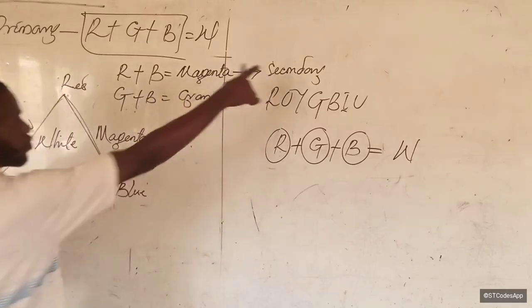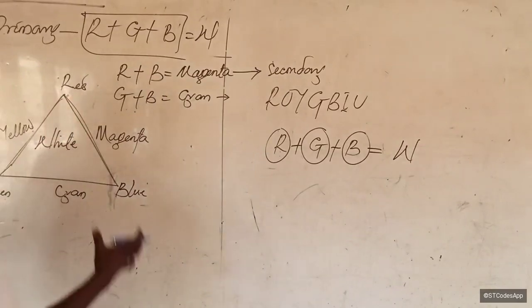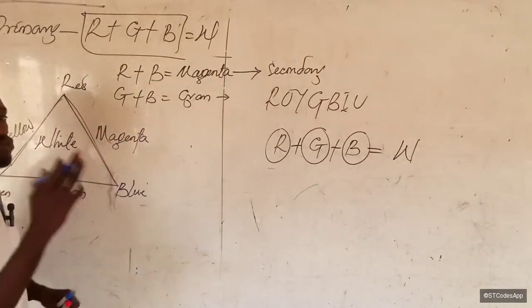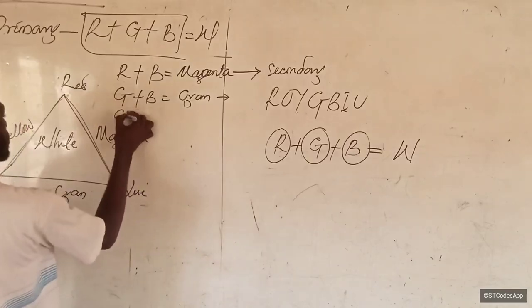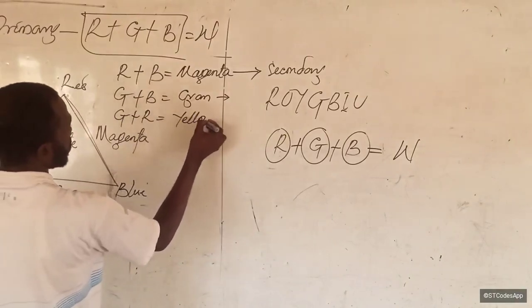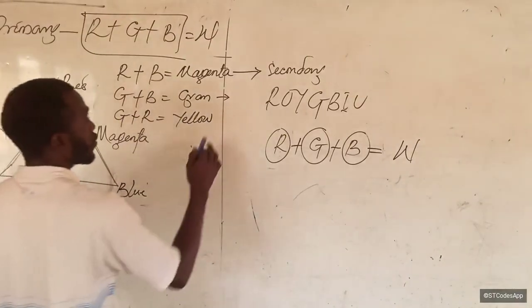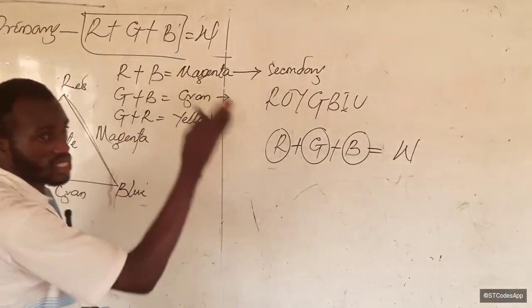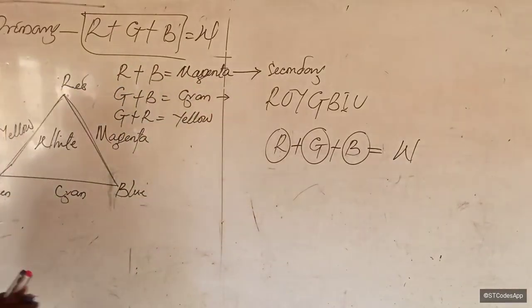So cyan is also a secondary color, because it is gotten from the combination of two primary colors. Then green plus red in the correct intensity will give us yellow. And yellow is also a secondary color.